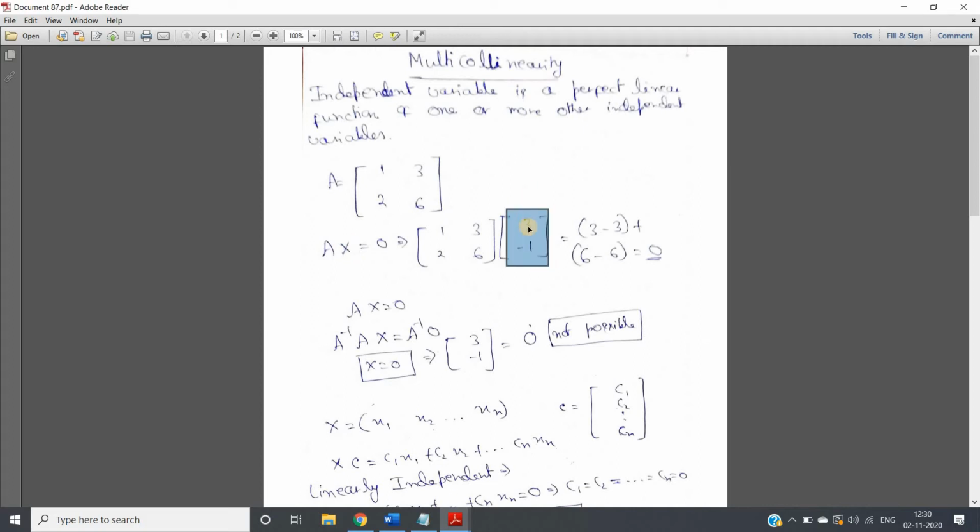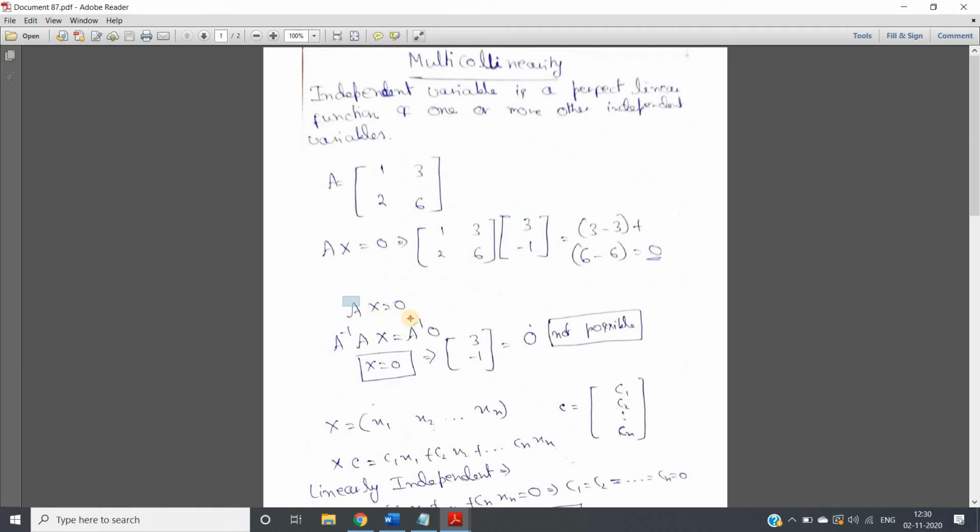Do this multiplication: 3 into 1 plus 3 into minus 1 results in 3 minus 3, plus 3 into 2 plus 6 into minus 1, that is 6 minus 6. So 3 minus 3 plus 6 minus 6 results in 0. What we conclude is that in this case Ax equal to 0 is possible where X not equal to 0, because you can see this column matrix 3, minus 1 is not the zero matrix.